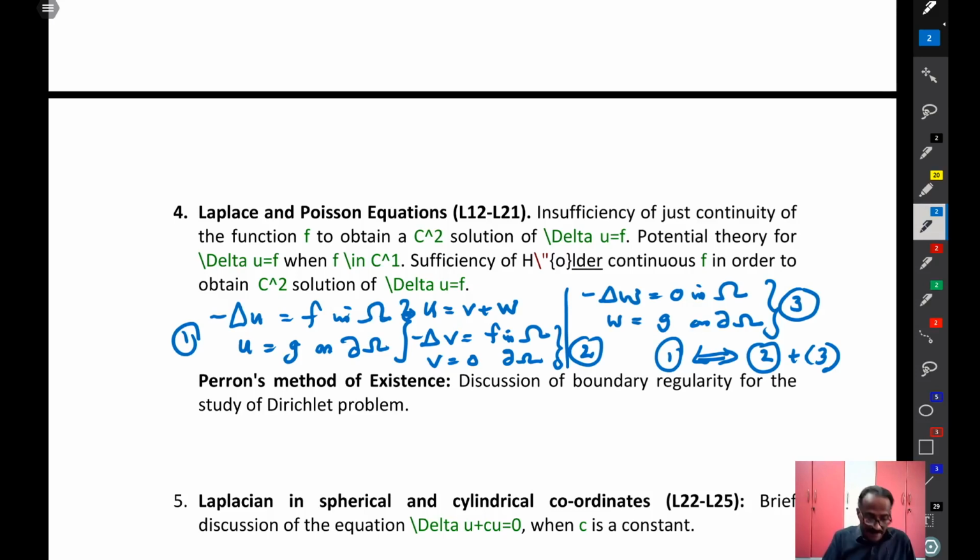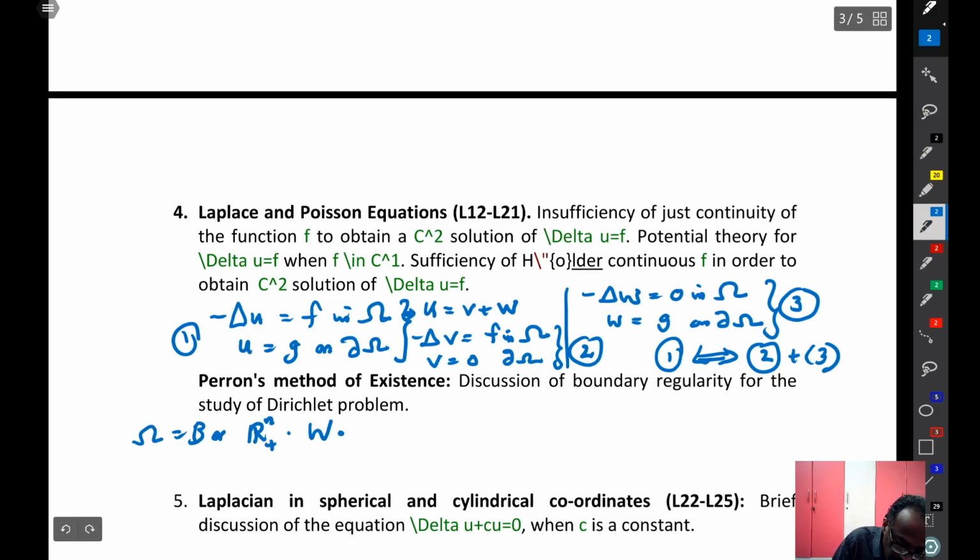When omega is a ball or an upper half plane, we have introduced the Green's function and solved equation 3 in course 1, in the PDE 1 course.